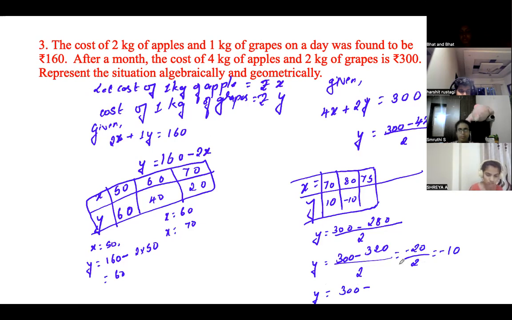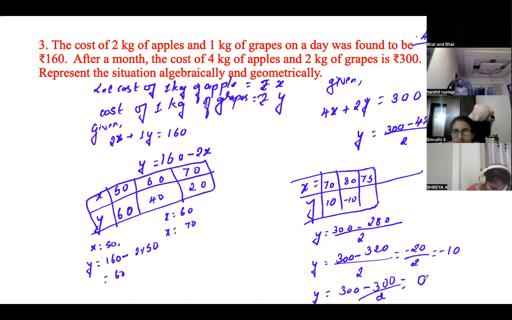How much is 4 into 75? Five fours are 20, 0 to carry. 4 sevens are 28 plus 2, 30, so 300. So you got 300 divided by 2, which will be equal to 0, because 0 divided by anything is 0.